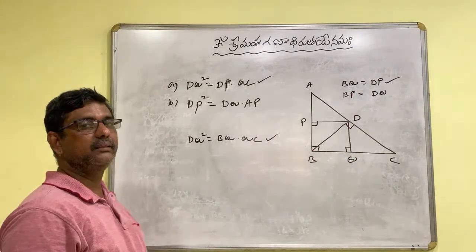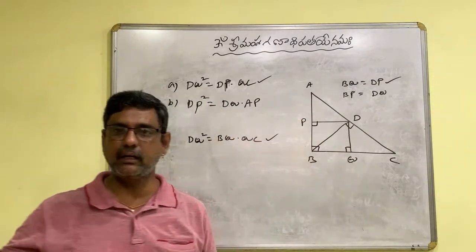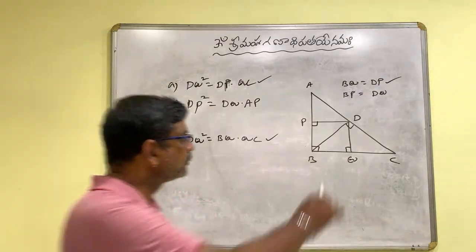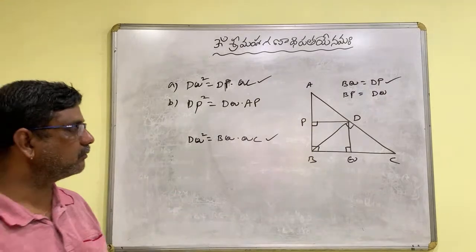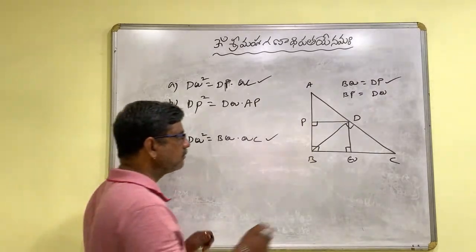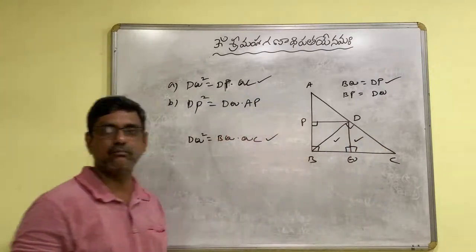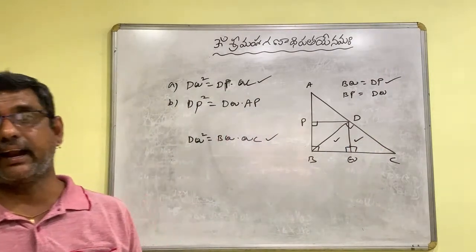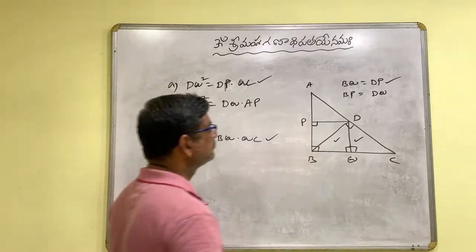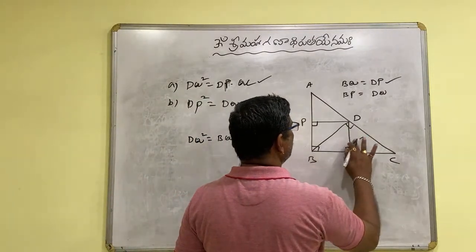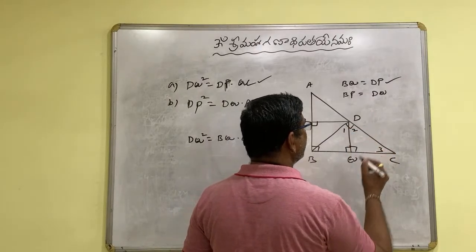Now the task is how to prove these two triangles are similar. If you observe, both the triangles are right triangles. Okay, next. I will take this one as angle 1, this one as angle 2 and this one as angle 3.